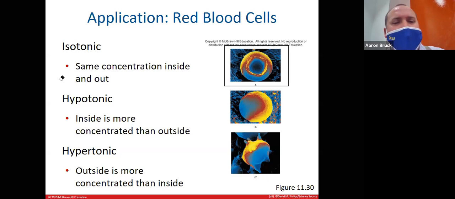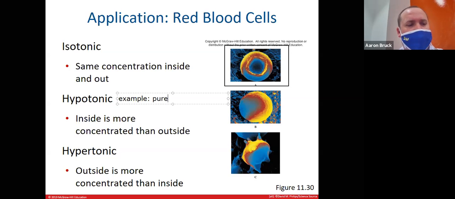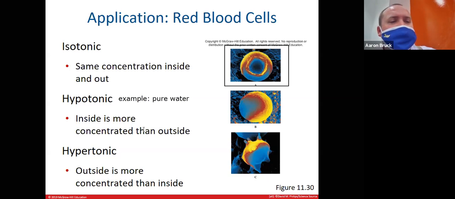If I were to extract a red blood cell and put it into a hypotonic solution, that is a solution like pure water, where there's no minerality to it, there's no concentration to it at all, it's just water.